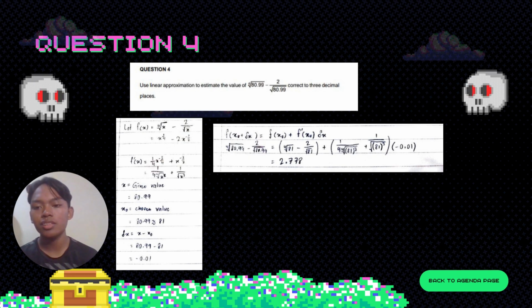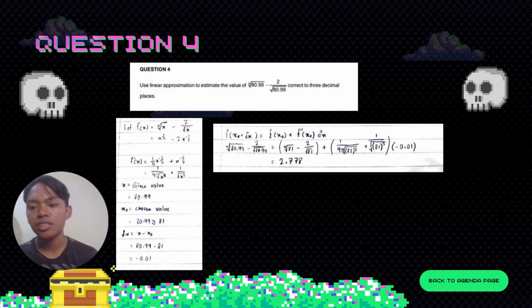So f(x) equals x to the power of 1 over 4 minus 2x to the power of negative 1 over 2. So we differentiate it into 1 over 4 x to the power of negative 3 over 4 plus x to the power of negative 3 over 2.